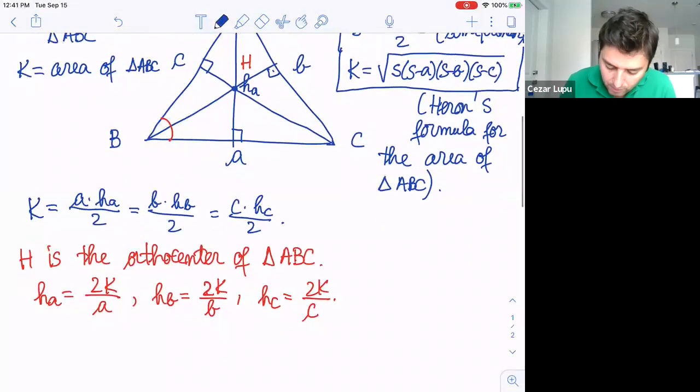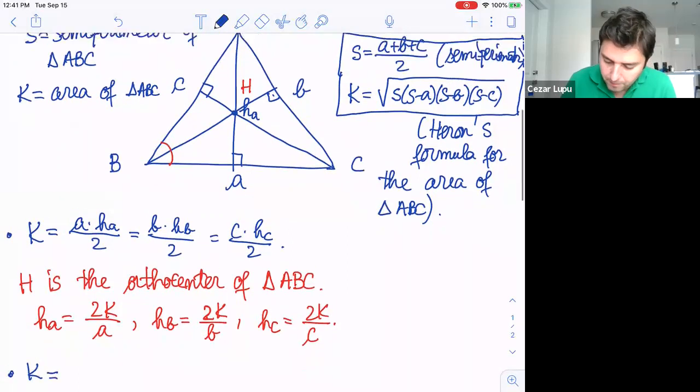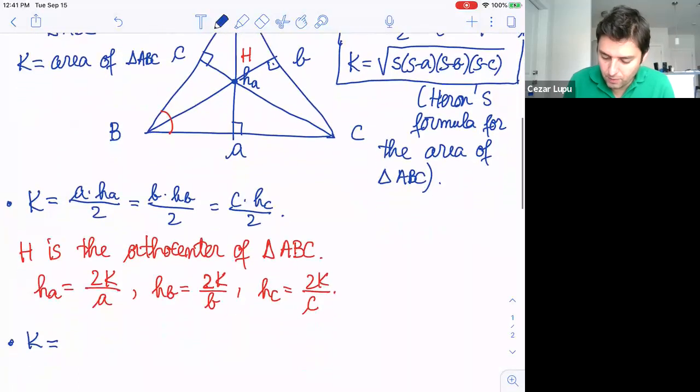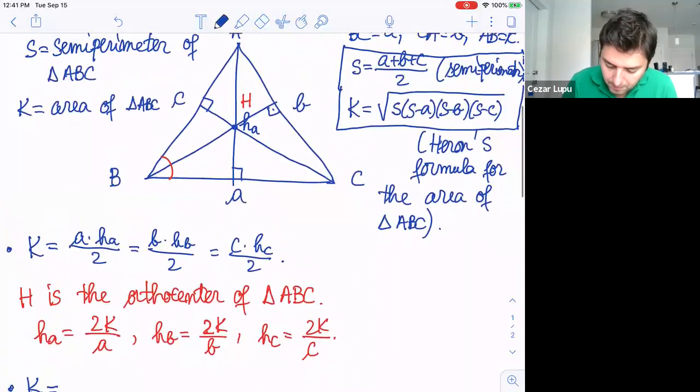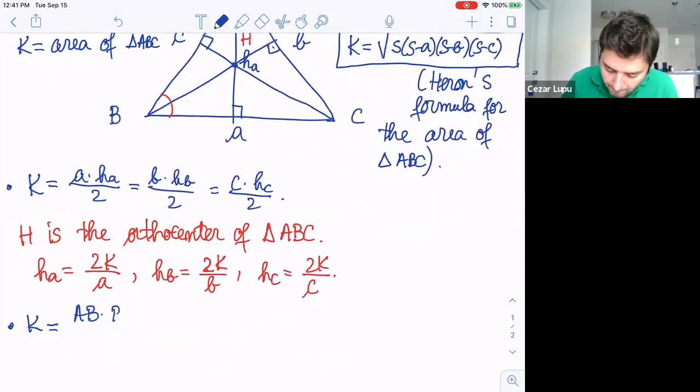Also K is, if you want, AB times BC times the sine of the angle between them, which is ABC, everything over 2.